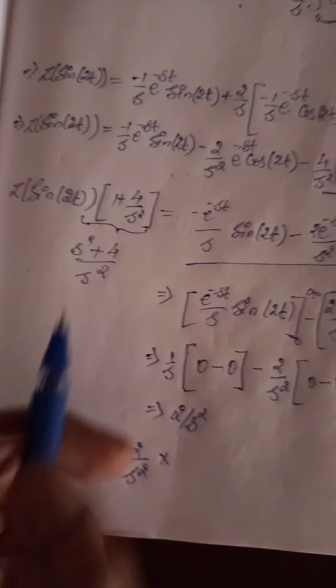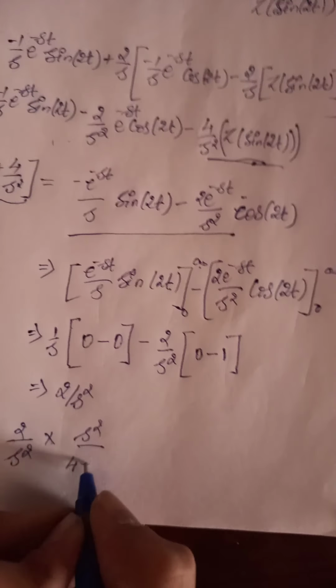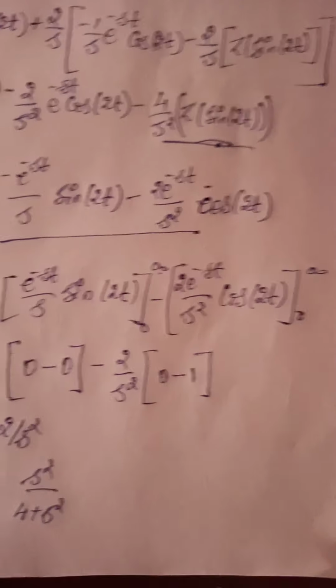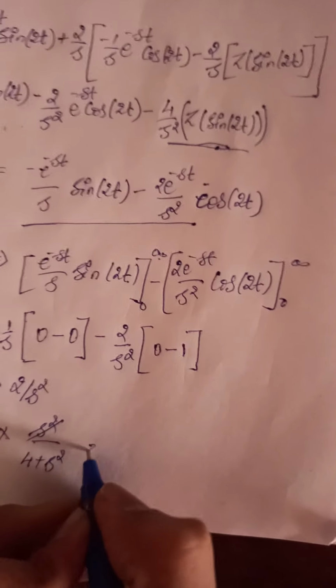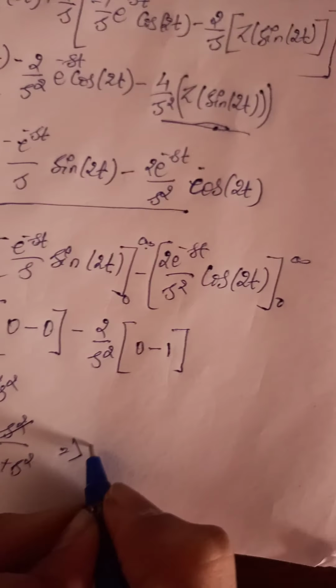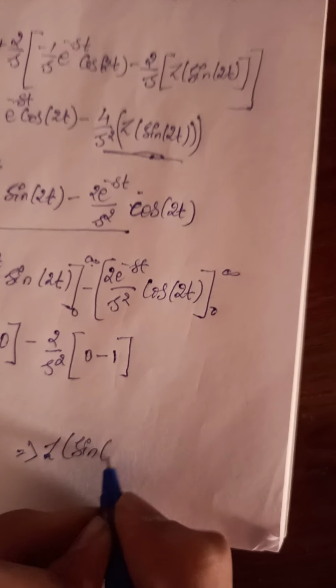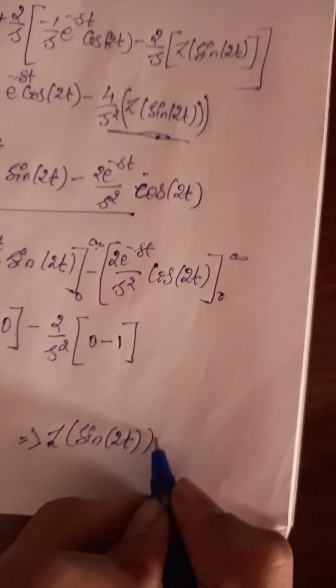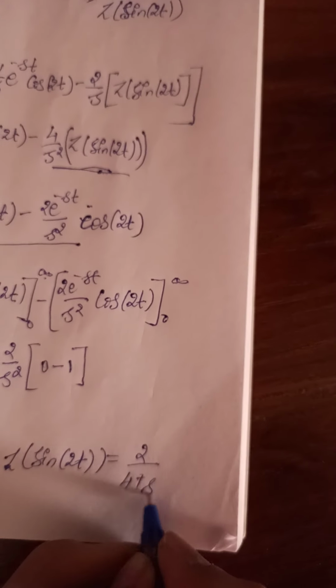Taking this term to the RHS, we have s square by 4 plus s square. S square and s square get cancelled, which implies Laplace of sine 2t equals 2 by 4 plus s square.